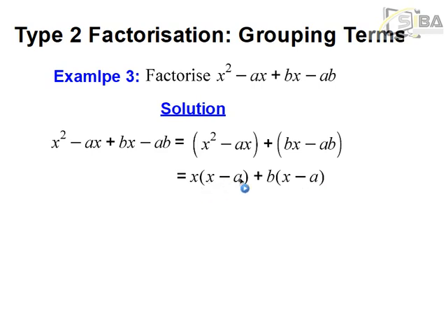We have x minus a to be common to both terms, so we factorize it out. If we take out x minus a, we are going to be left with x plus b. So we have x minus a, x plus b, and that's the factorized form.